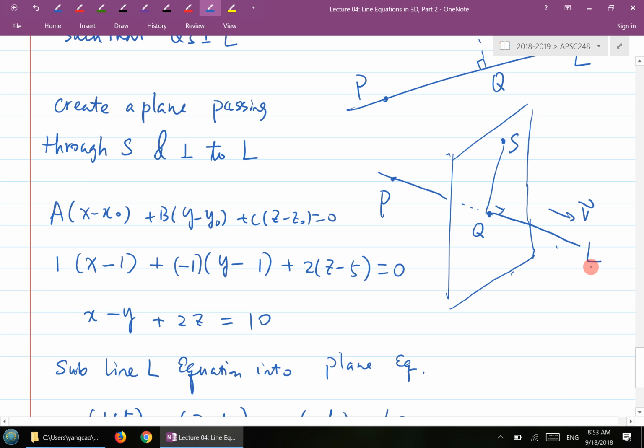It's redundant, right? But then the point Q could be anywhere. The point Q could be any intersection between the plane and the line. Not any, because when you have one single line perpendicular to the plane, you only create one single Q point, intersection point.